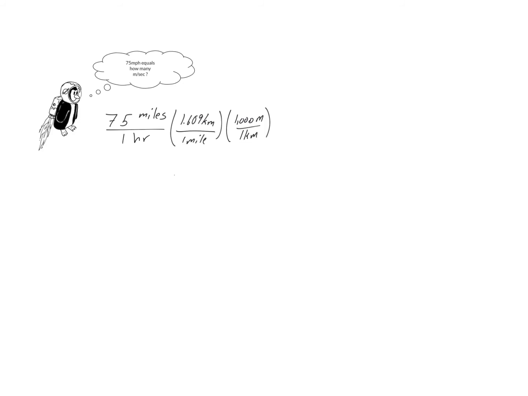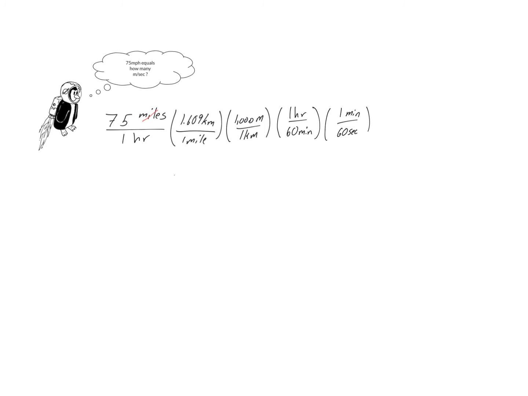Now we also have to convert time. I know that 1 hour is equal to 60 minutes. But we need to get this into seconds, so we have to do yet another conversion. And 1 minute is equal to 60 seconds. At this point, you should pause and double check that everything canceled out correctly.